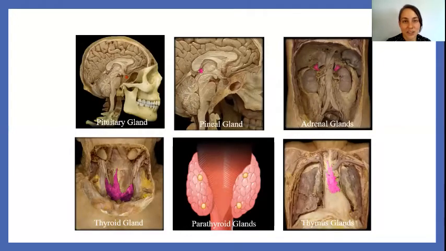These are some pictures showing us in human cadavers where these glands are located. Pituitary gland, the pineal gland, the adrenals in the abdomen, the thyroid in the throat, the parathyroid, that one just shows it on a diagram, and also the thymus gland.